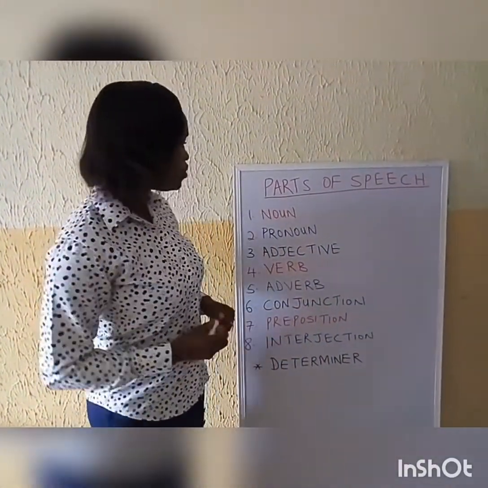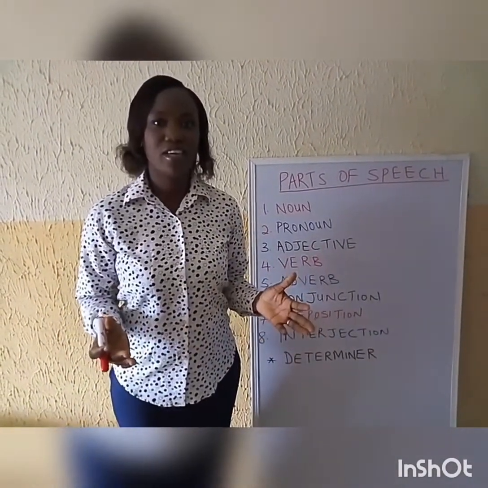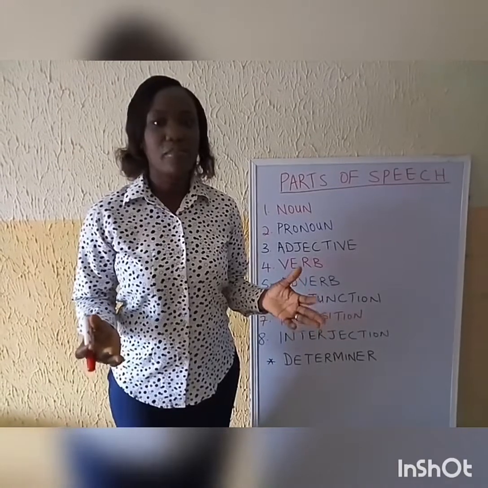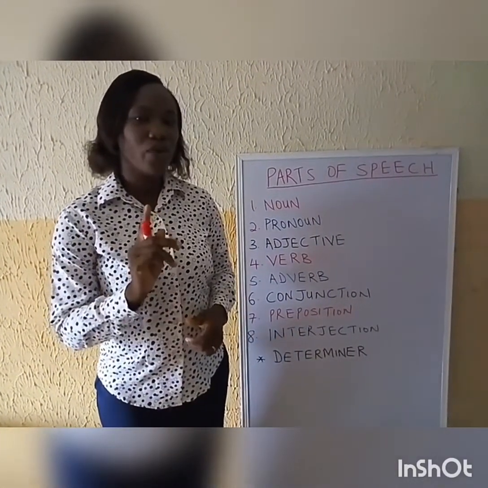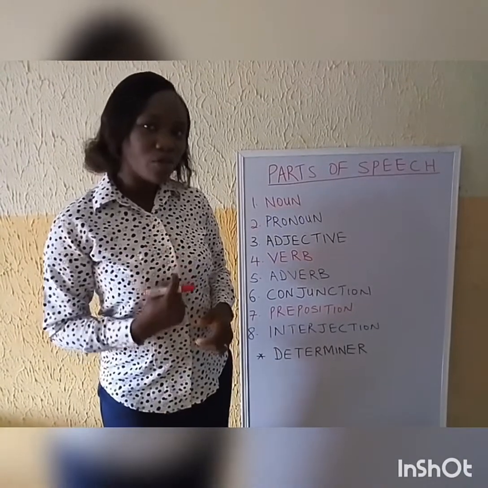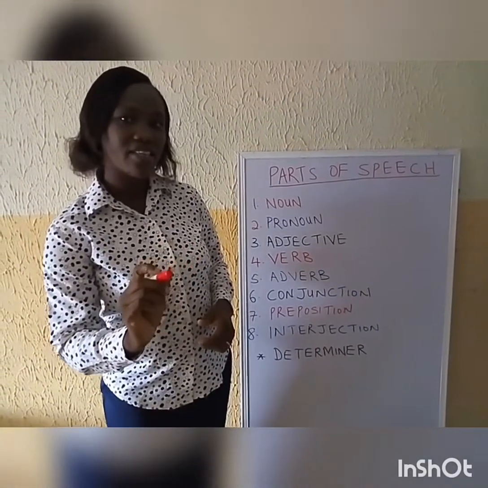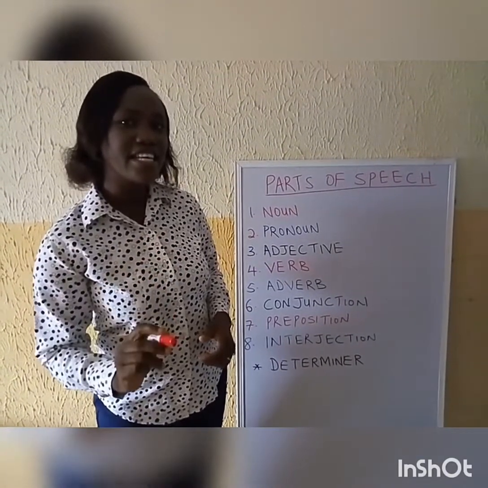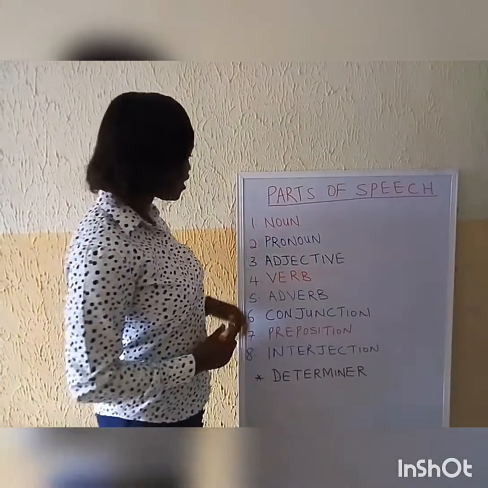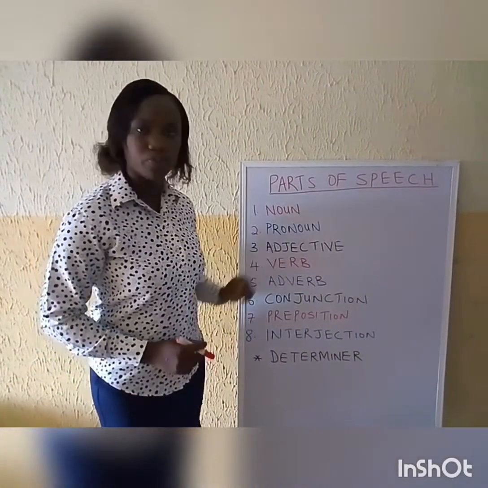For example, if we have the house is mine. In that sentence, we are naming a place that belongs to me. That word house there, because it gives a name to a place, is the noun.